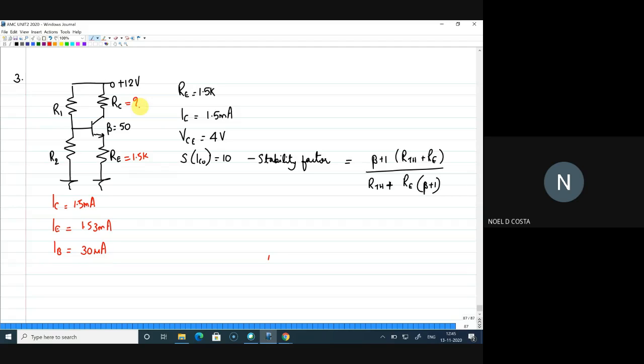How to find the RC value? 12 minus VC. So what is VC? 12 minus VC by RC is equal to IC. So what is VC in this case?